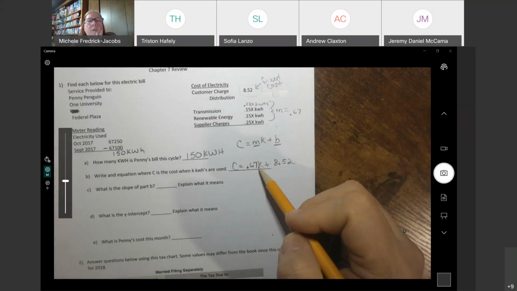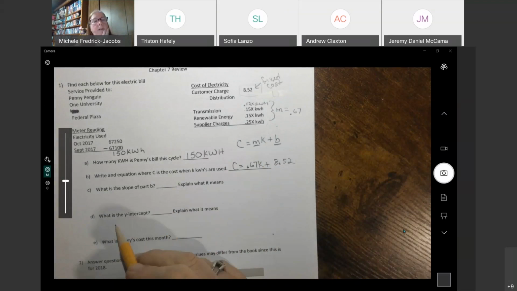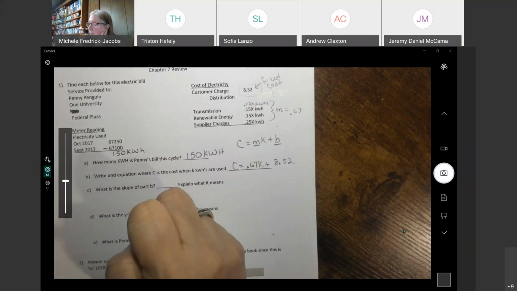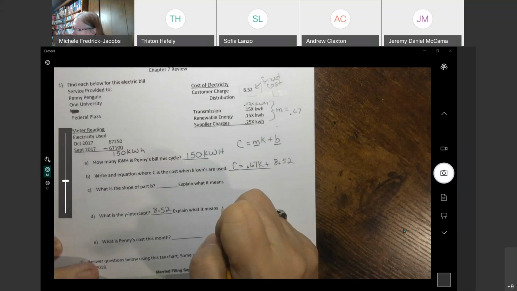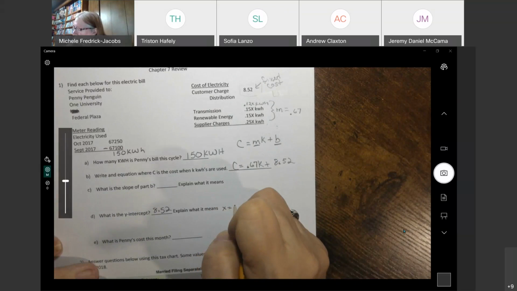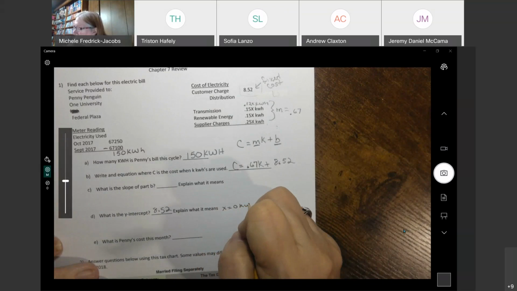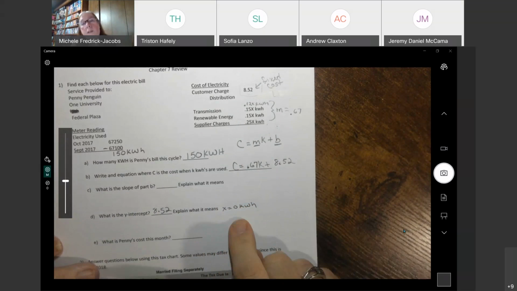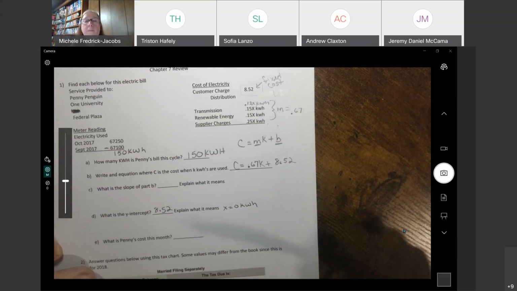If you use no kilowatt hours, which is what we're going to explain right here, the y-intercept is the 8.52, which means when x is 0, which is our kilowatt hours, if we use no kilowatt hours, it's going to cost $8.52.